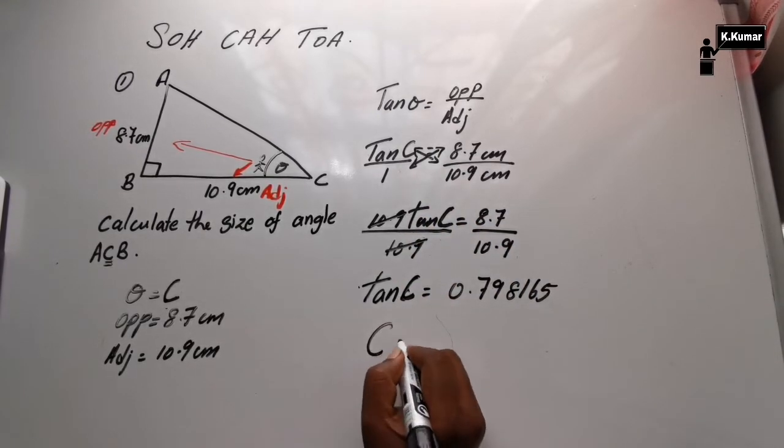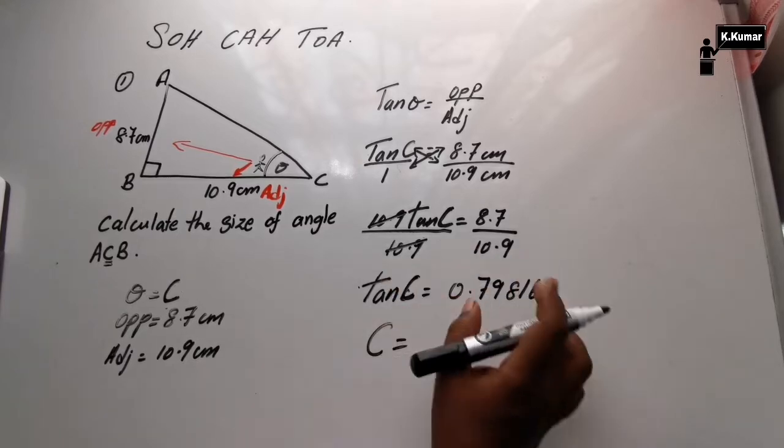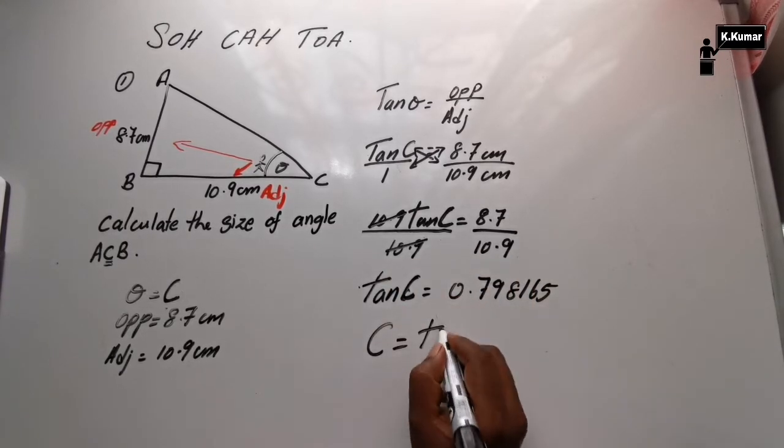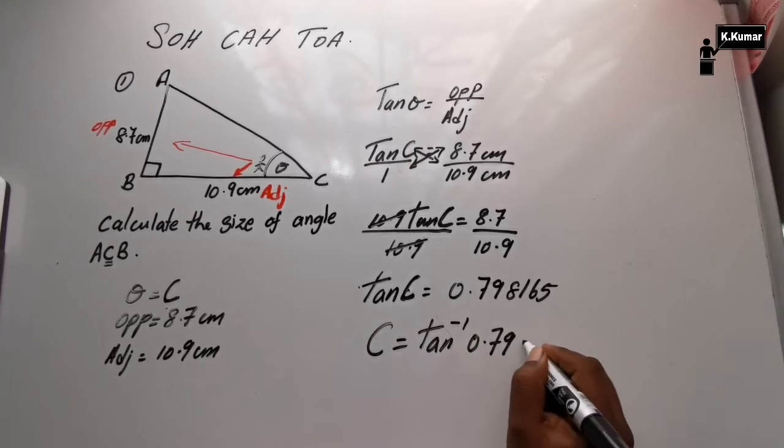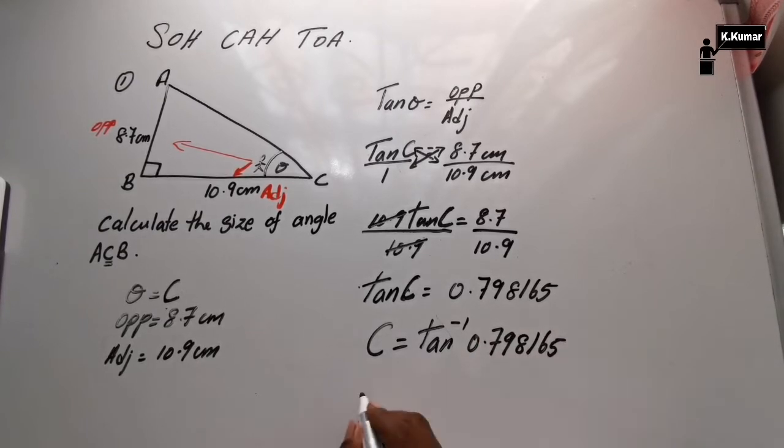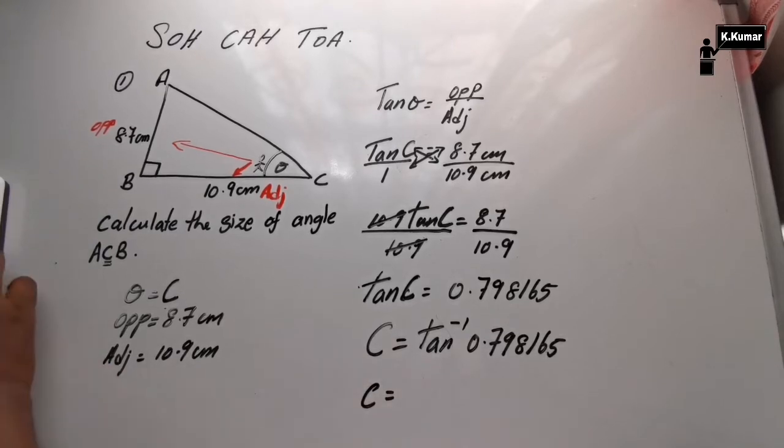So we're going to say C is equal to, and then we take the tan across, it becomes tan inverse of 0.798165.